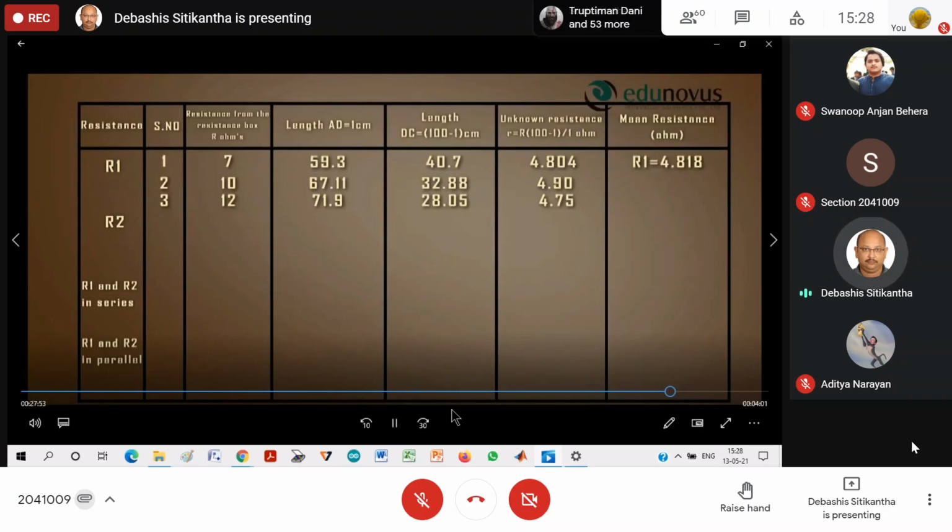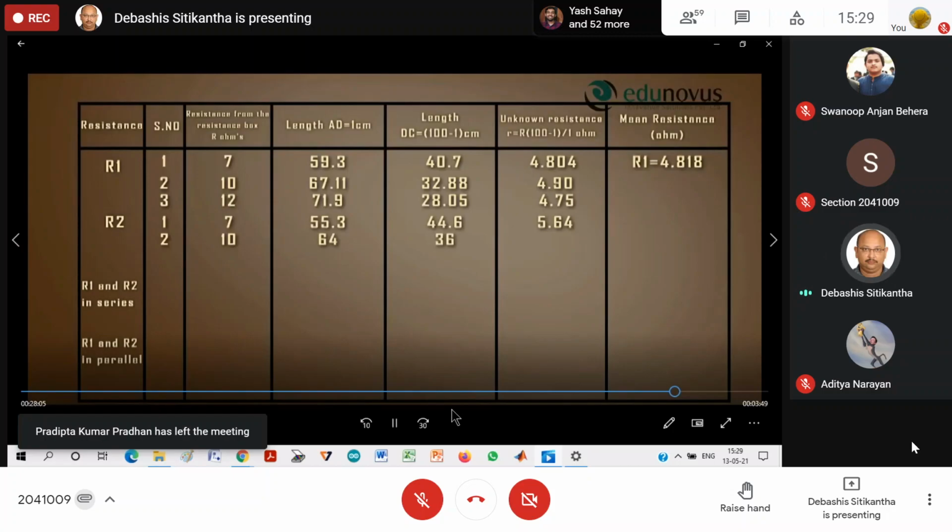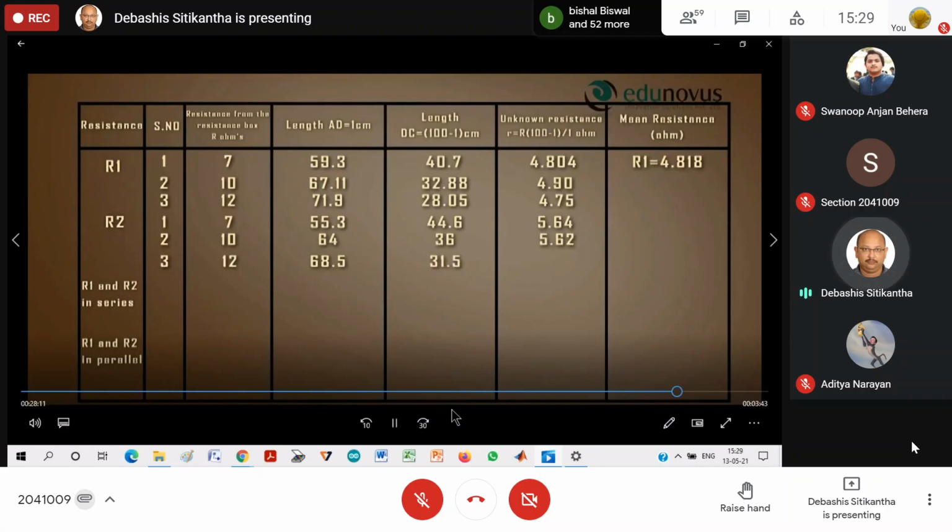The observations when R2 is connected in the right gap of the meter bridge are as follows. The mean resistance R2 is equal to 5.59 ohms.